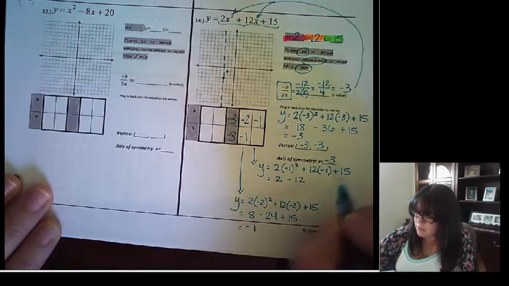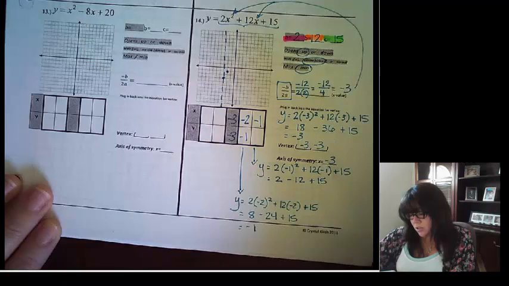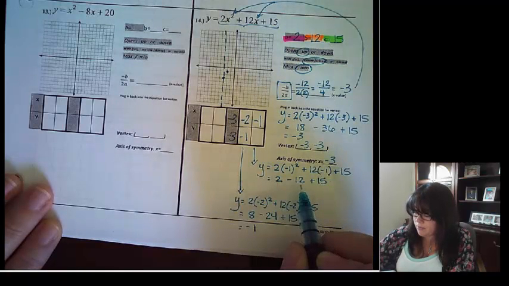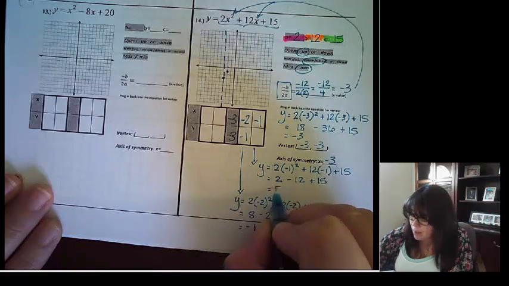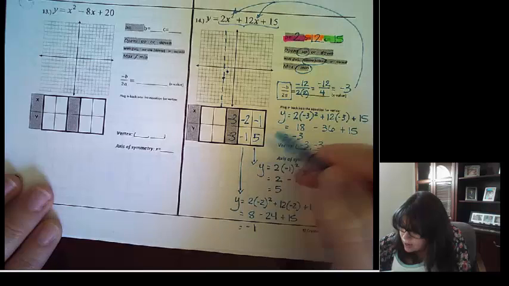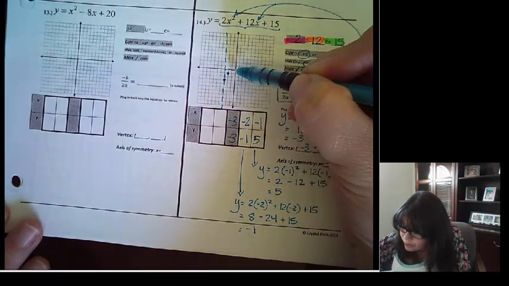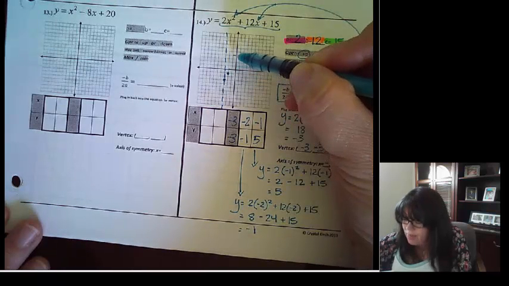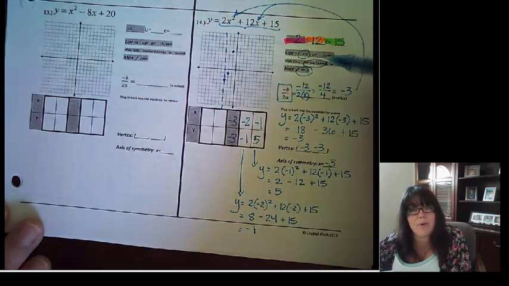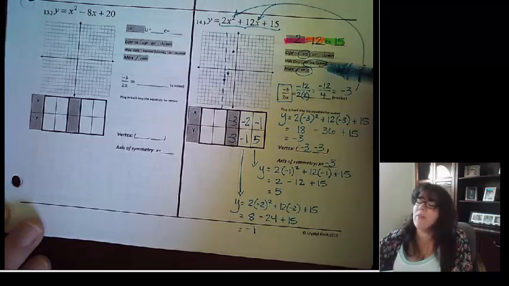And then plus 15 stays plus 15. So 2 and negative 12 gives me negative 10, plus 15 gives me positive 5. So that means there's a point at negative 1, 5. So let's see. Negative 1, 1, 2, 3, 4, 5. And that fits with my prediction that it's going to open up and it'll be a narrow graph. So far I know I'm on the right track.